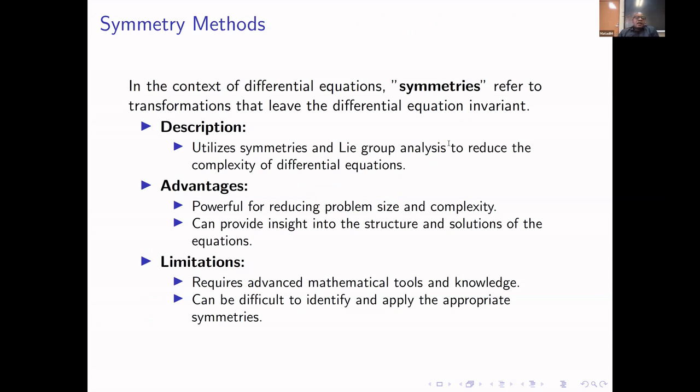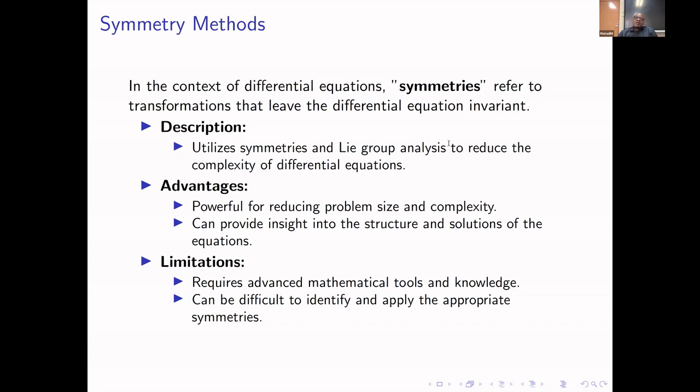I'm going to highlight the advantages and the limitations of the Lie symmetry technique. In the context of differential equations, when we say symmetry, what does it mean? It just refers to a transformation that leaves the differential equation invariant.